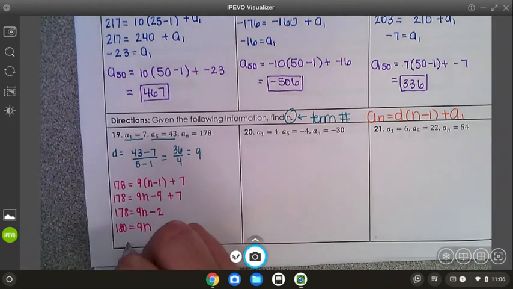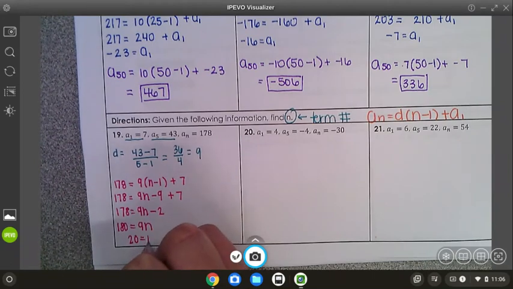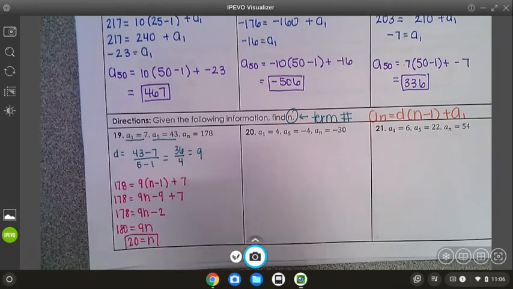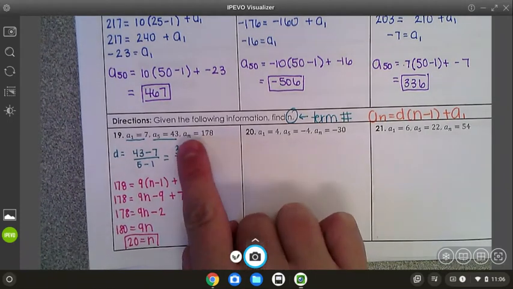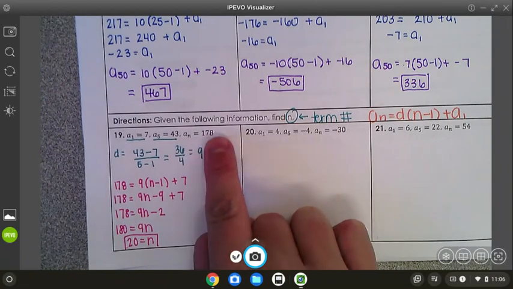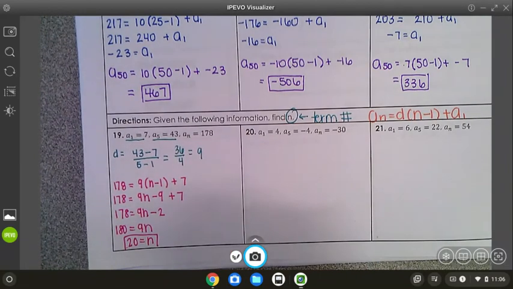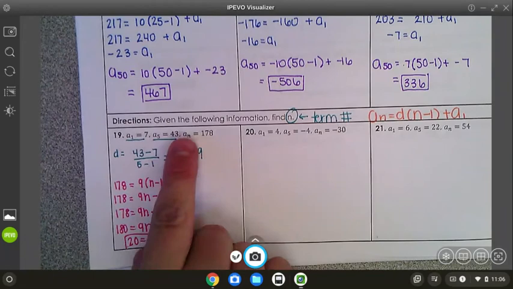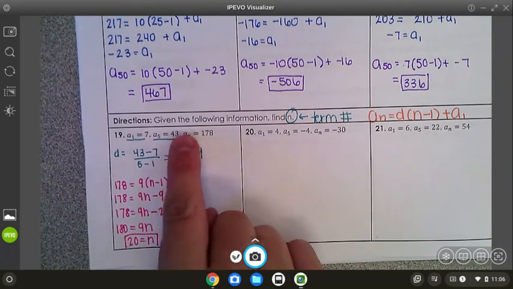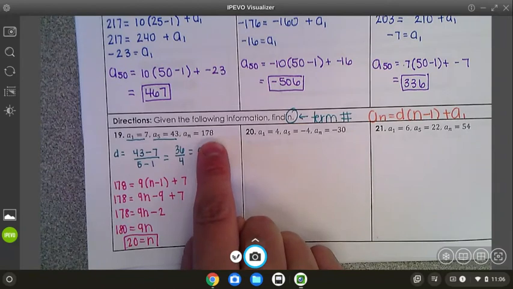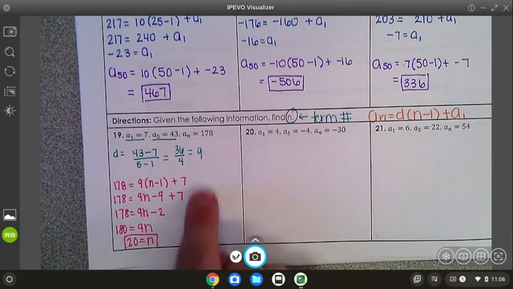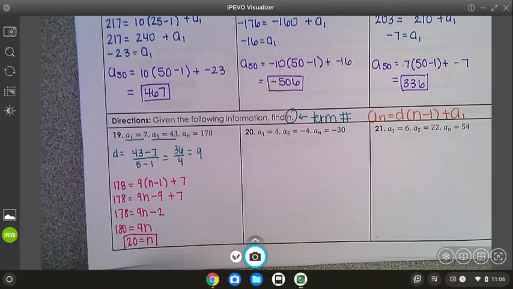And then dividing by 9, we get 20. So the 20th term in the sequence is 178. Now, after you found the difference, you could have just kept adding 9 every time until you got to 178. But who knows, that could have been 500 times. You don't want to do that.